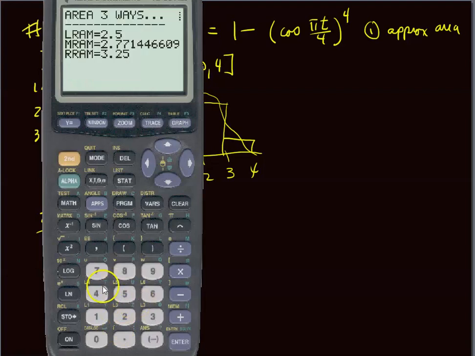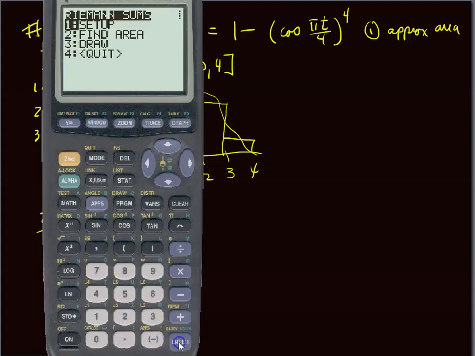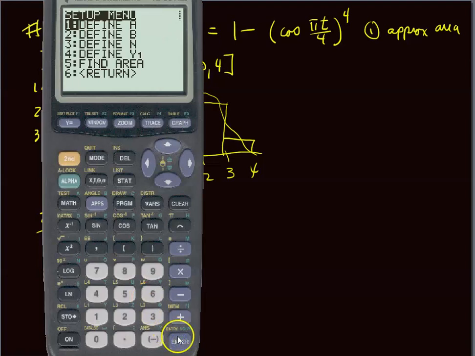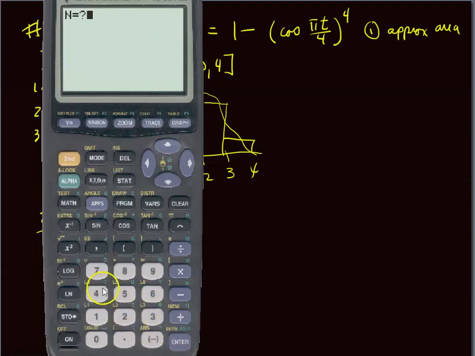I need setup. B is 2. It's got to be 4. And N is 4. Why is it giving me that 40 for A? Let's see what happens.